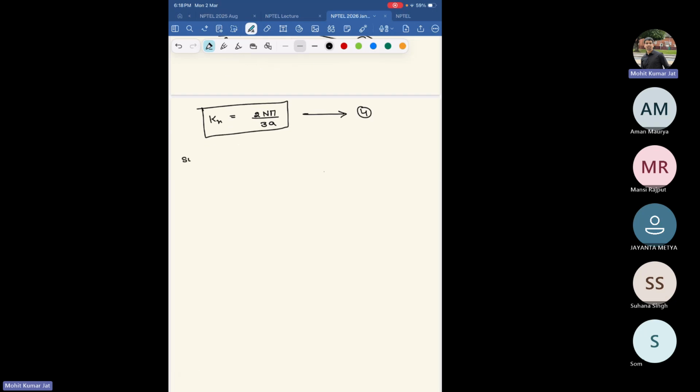So substituting equation 4 in equation 1, what we get is 2 cosine of root 3 by 2 kya, which is the LHS part, is equal to minus e to the power 3 by 2 iota kxa. Now in place of kxa, we substitute the value, 2n pi by 3a times a.